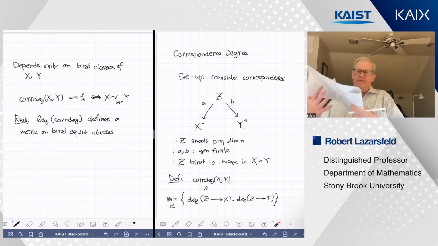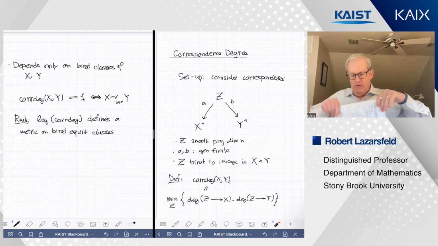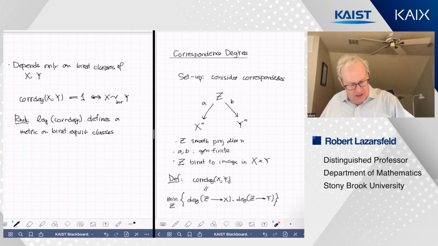Okay, so now we've defined this correspondence degree, but what can we say about it? So first of all, it's not unrelated to the measures of irrationality of X and Y. So our first proposition is that this satisfies an inequality as follows.